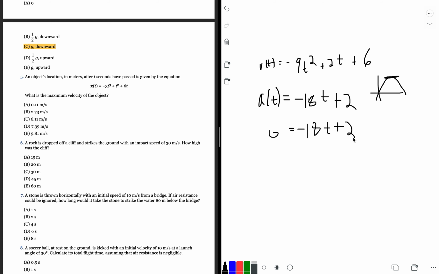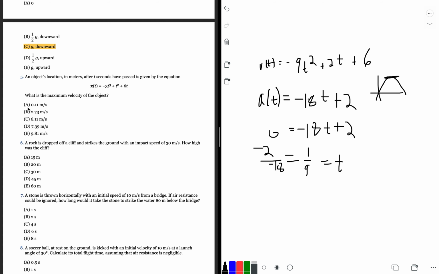And you get negative 2 divided by negative 18, which is 1/9, which is equal to the time at which the object reaches maximum velocity.